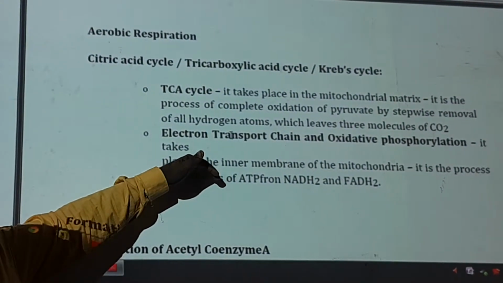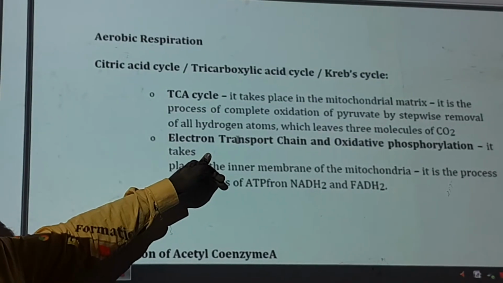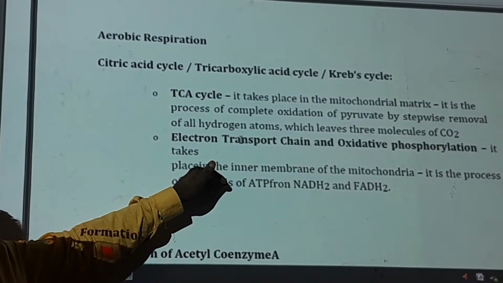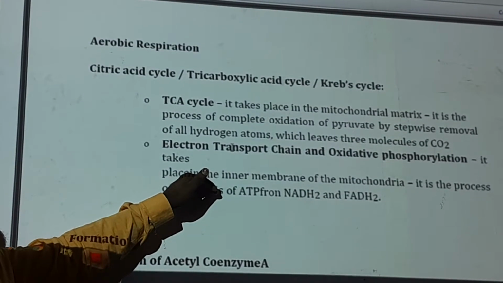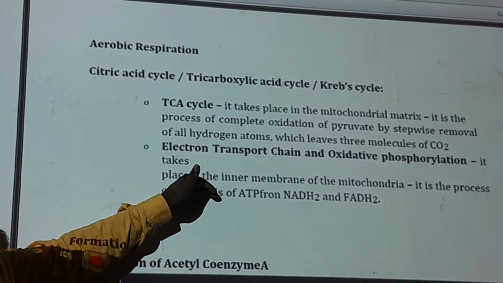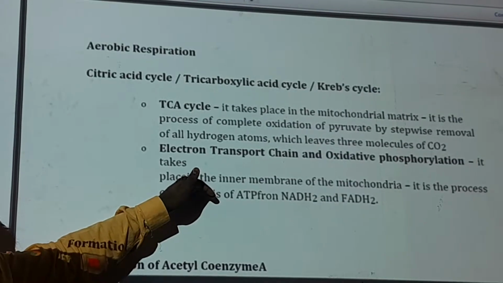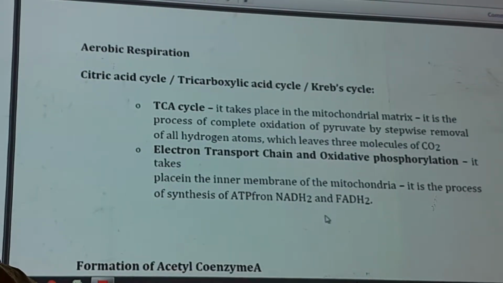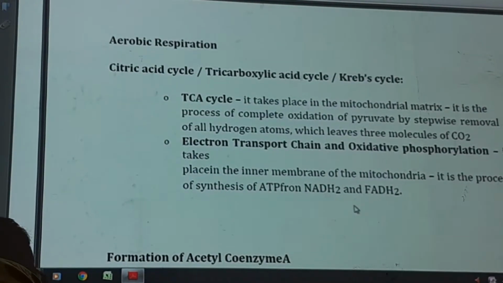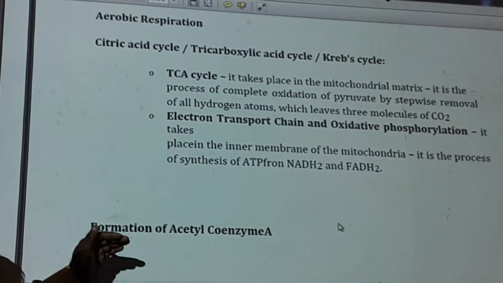That is followed by the electron transport chain, which takes place in the Racker's particles or F1 particles on the inner membrane of mitochondria, the cristae. The cristae have granular structures called Racker's particles or F1 particles. We will discuss later how FADH2 and NADPH2 are converted into ATPs. So you have to remember that.